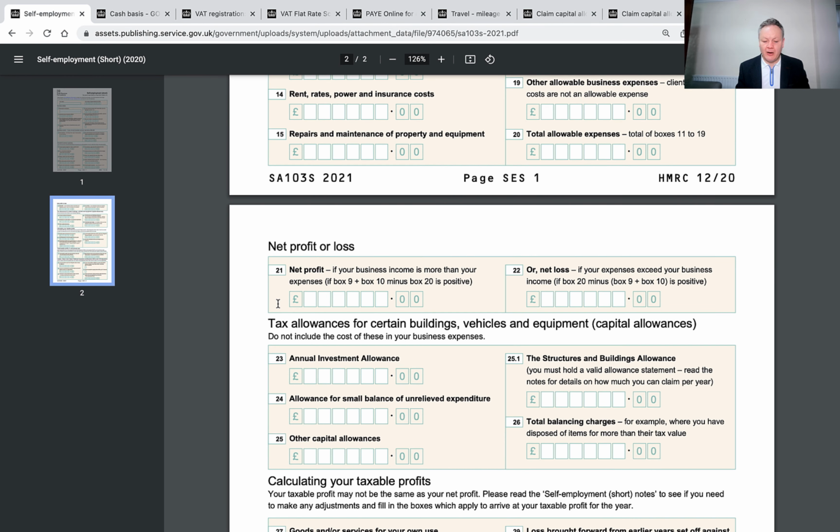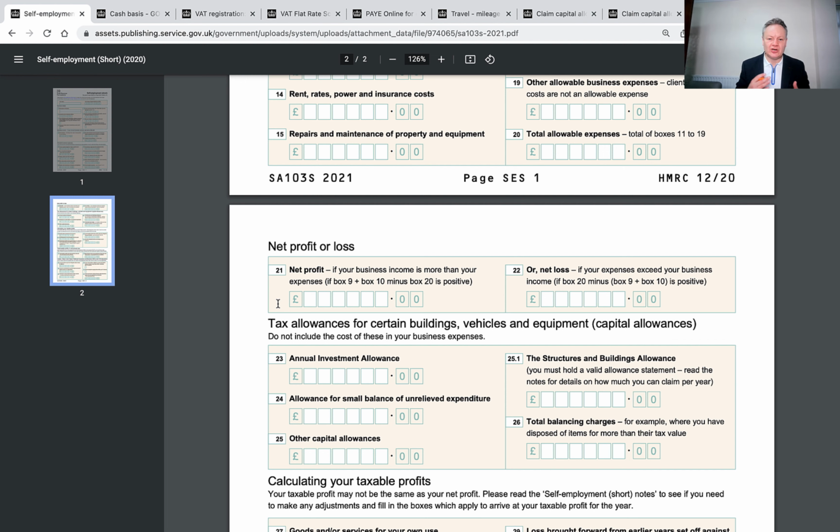Rent, rates, power, insurance costs. So this is typically in your business premises, and this is now mistake number 13, because you cannot claim for your home, for instance, unless you're using one of the rooms, and you can apportion the cost of the rooms, but you can't account for the entire house.